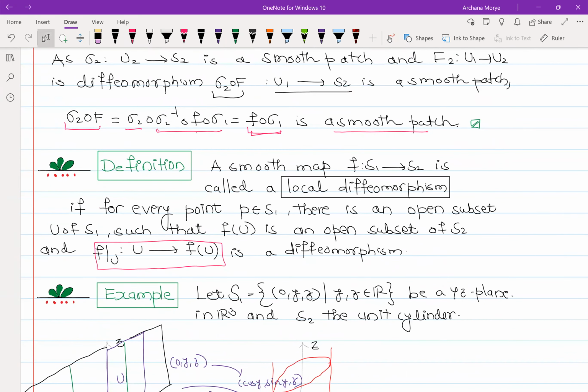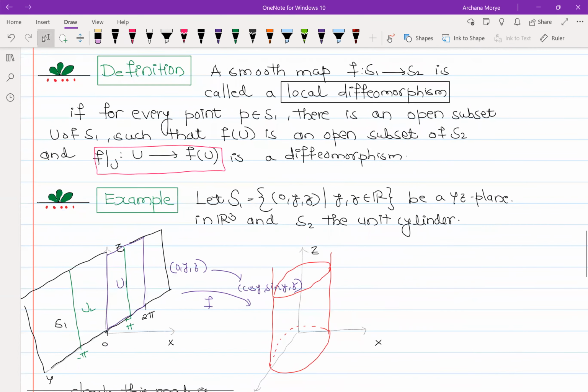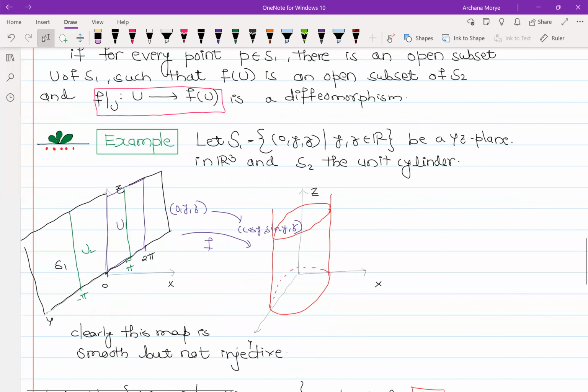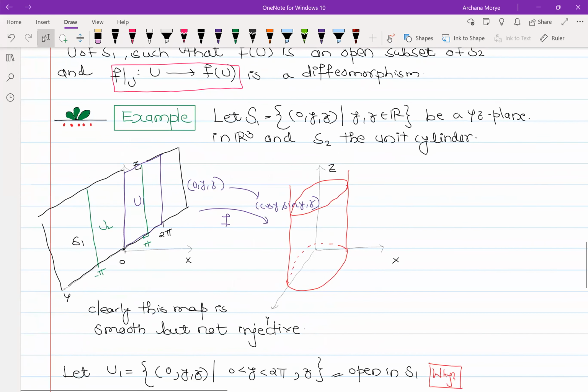A very simple example is there. Suppose you have this S1. What is this surface S1? This is the YZ plane, right? The YZ plane means our x coordinate is going to be 0. So I have this S1, which is (0, y, z) with y, z in R, and another is a cylinder. We are trying to wrap this entire plane onto this cylinder.